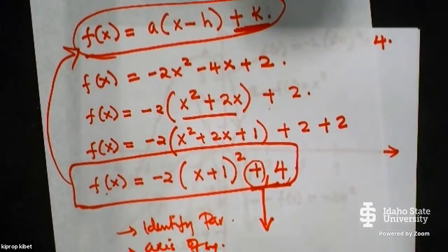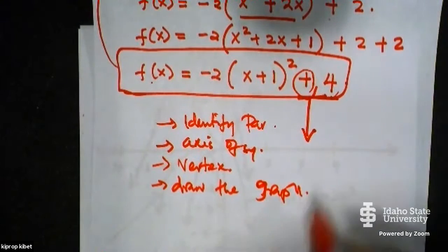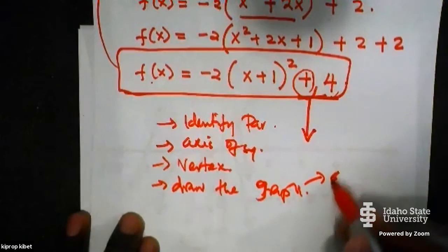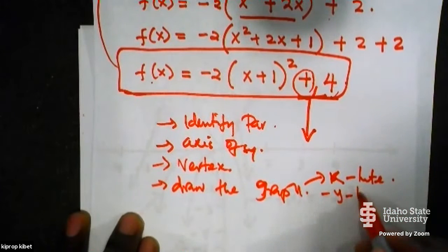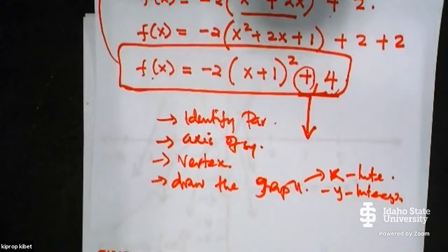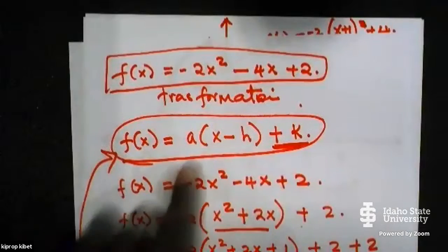That was the previous section. You now draw the graph. So before you draw the graph, you need to get the x-intercepts and what? And the y-intercepts. You need to get the x and the y-intercept. And then now you're able to draw. Now, if you're given the transformation, then you transform.